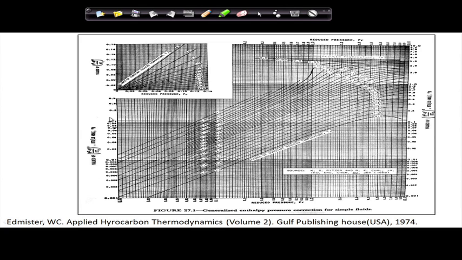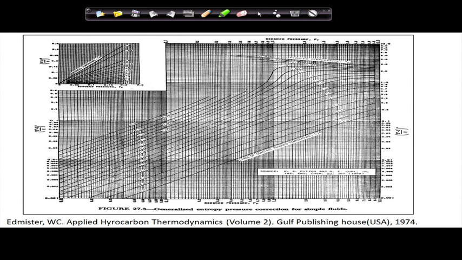These curves have been generated by Edmister, and they are used very frequently in the hydrocarbon industries to estimate the reduced enthalpy departure function as a function of reduced pressure and reduced temperature. And in the same way, graphs have also been generated for the entropy departure function.